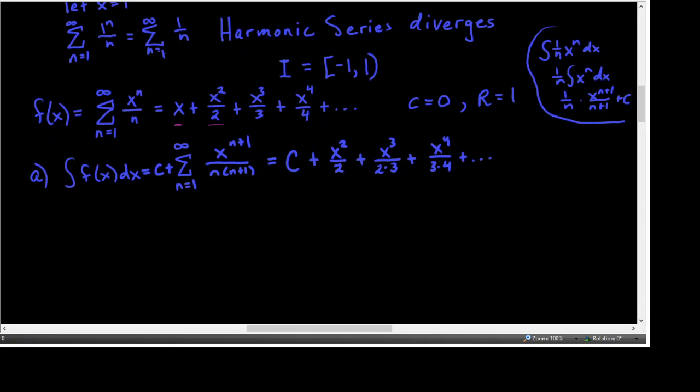Okay. So we know that the radius of convergence, by taking the antiderivative of our series, will not change. Okay, so the radius of convergence is still 1. So, of course, that means that the preliminary interval of convergence, that means absolute value of x is less than 1. So our preliminary interval of convergence is from -1 to 1, and we need to check the endpoints.